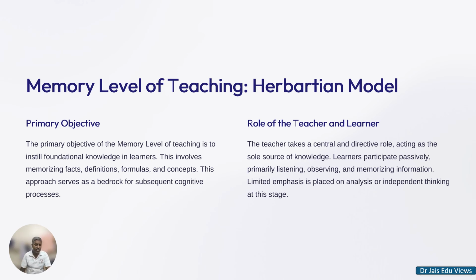The role of the learner is that of passive participants, involved in listening to the teaching of the teacher. The very important thing is how they observe the teacher's teaching and try to memorize the concepts.